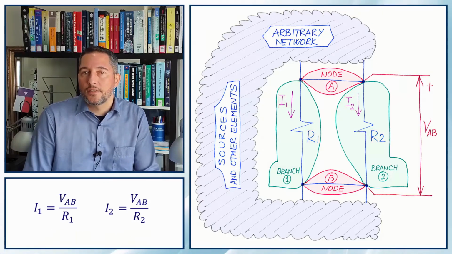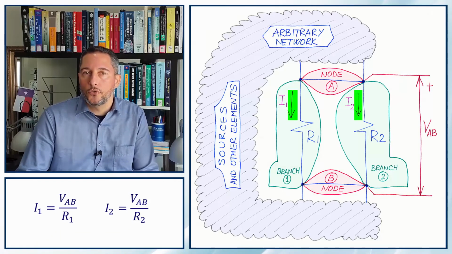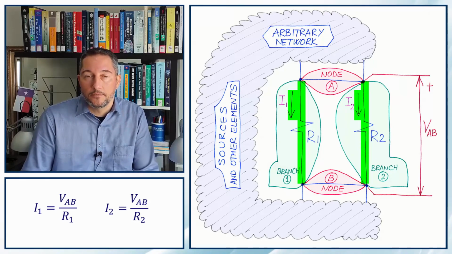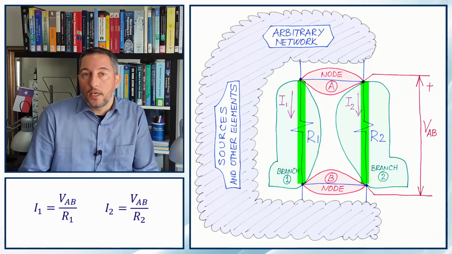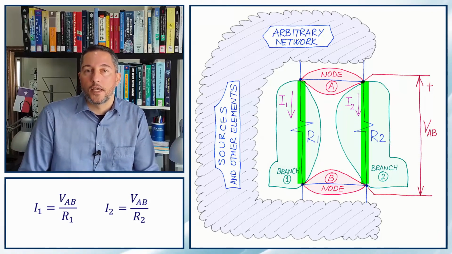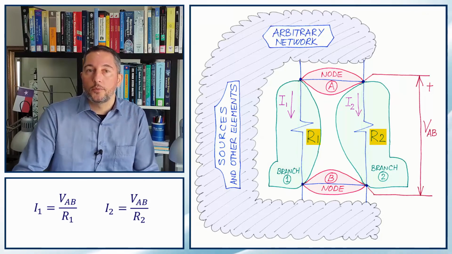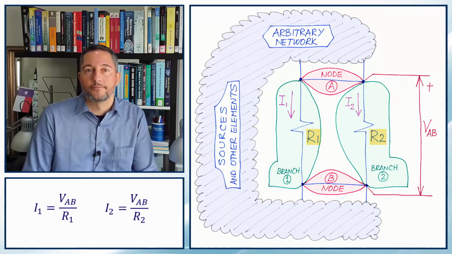By doing this analysis, we can simply state that two currents that flow through two parallel branches, or two parallel paths, can be the same if R1 equals R2, or may be different in case R1 is not the same as R2. So the resistance of a branch will determine the amount of current that will flow through the branch.